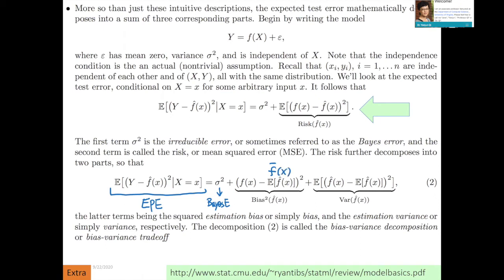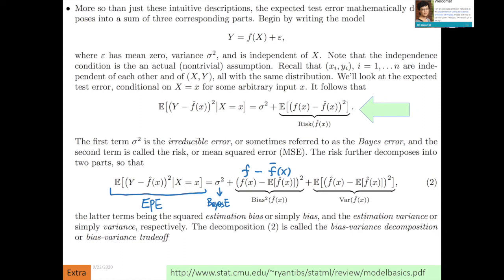Actually, there shouldn't be an f hat here. So it's the f truth minus the f bar, and take a square. This term is called the Bayes quadratic term. It's part of my generalization error.